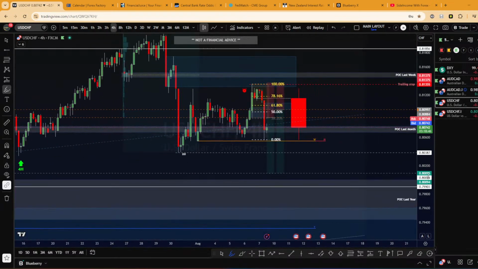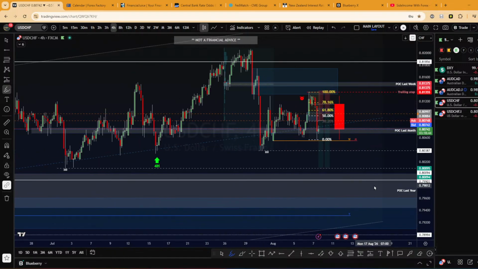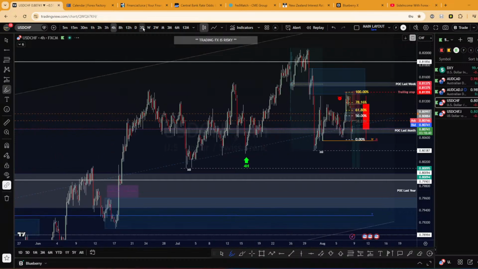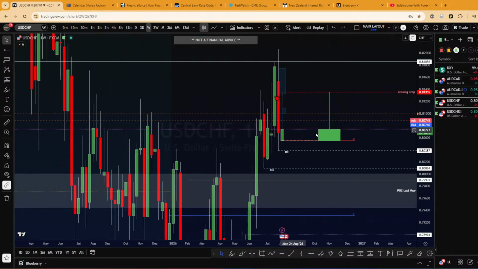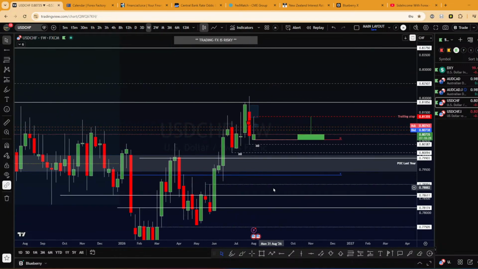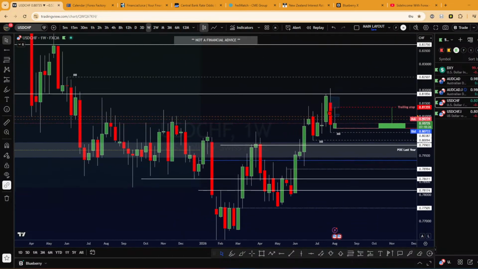USDCHF. Because of the weak report on NFP, I still think that we could potentially drop. We are overbought on the weekly time frame. You can see long term.